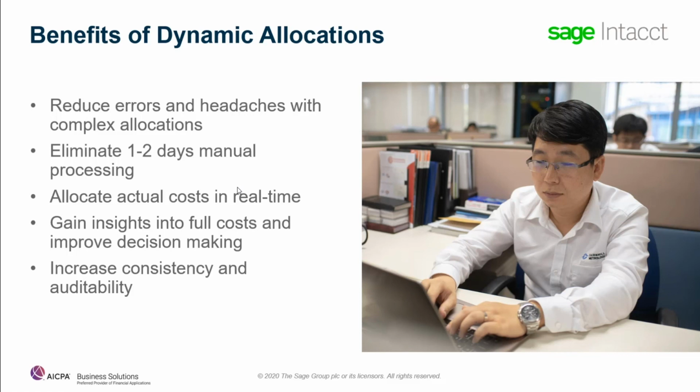And lastly, and equally important, if not the most important thing, is increasing consistency and auditability. So you just saw that you're able to attach the allocation snapshots to the results, and auditors will have full visibility into how you derived your allocations and how they ultimately processed. So full backup is available.